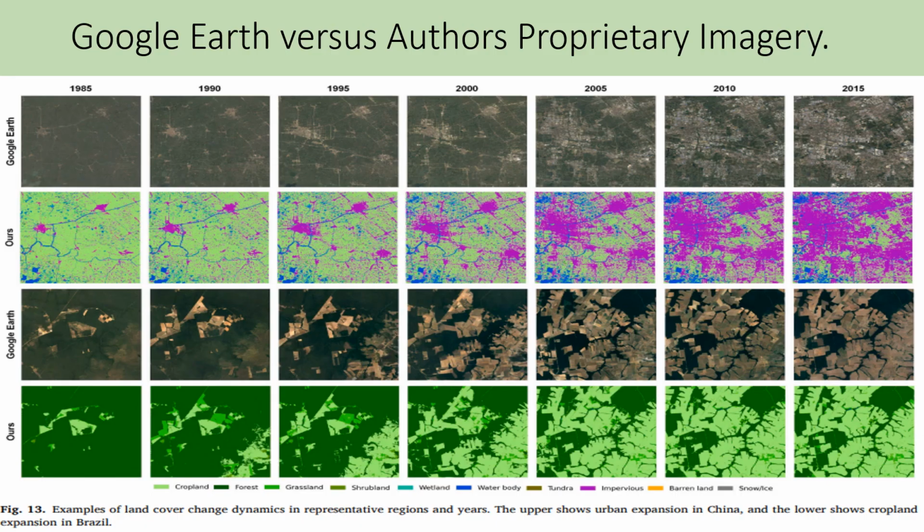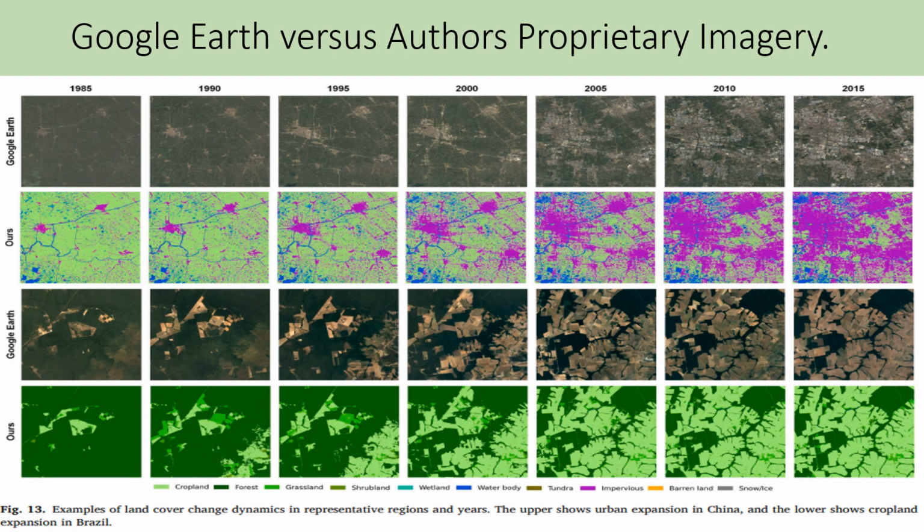Okay, here's another image that I felt should be included in this PowerPoint. This is like the Google Earth versus the author's proprietary imagery, I guess. At the top two linear lines from left to right, we have a Google Earth image, and then we have the author's image, representing the urban expansion in China.